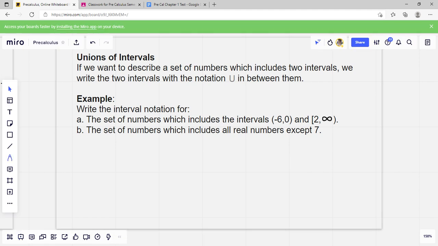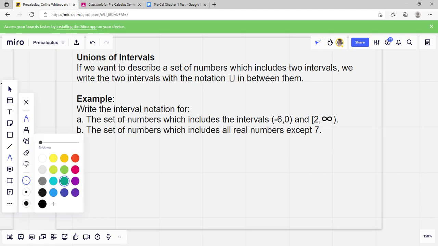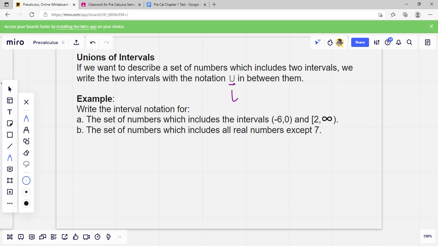All right, unions of intervals. If we want to describe a set of numbers which includes two intervals, we write the two intervals with the notation U. It looks like a U. It's just a big U in between them. Write the interval notation for the set of numbers which includes the intervals -6, 0, and 2 to infinity.